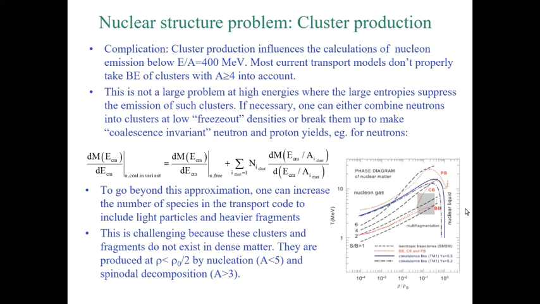You can try to make them, but they're basically blocked. But at less than rho equals rho naught over 2, you can produce them by nucleation or spinodal decomposition. And that has to be in your transport code.